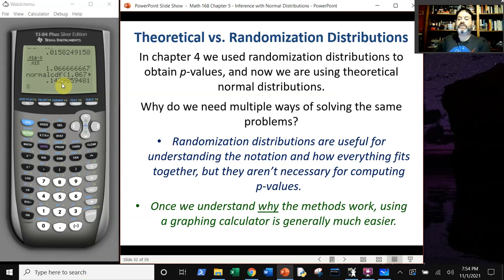Once we understand why the methods work, using a graphing calculator is generally much easier. And that's sort of the bottom line here, is if we can avoid using StatKey altogether, we would like to do that. But we have to be able to demonstrate that the graphing calculator is capable of giving us maybe not the exact same answer, but a comparable answer. And that's really how this works.